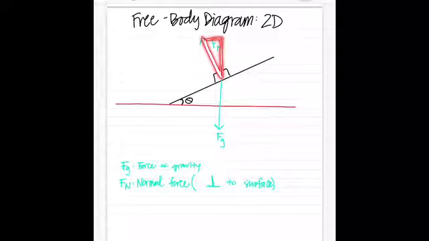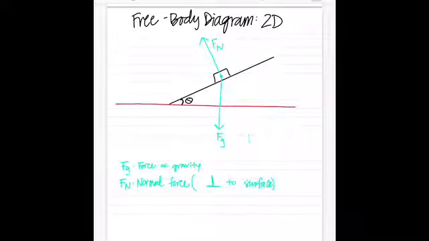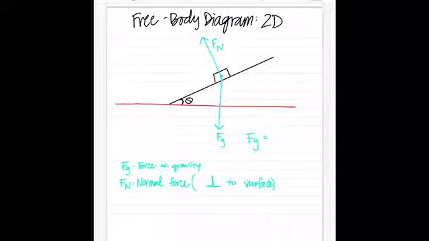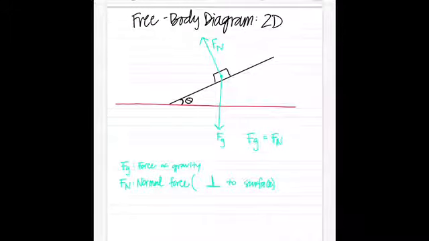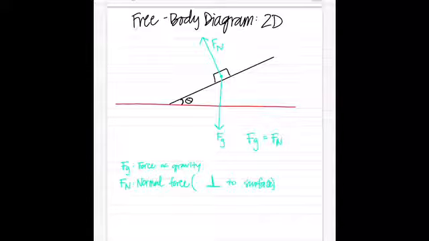It's at an angle, so I have to find these x and y values. We discussed in the past that gravitational force is equal to normal force, equal but opposite, Newton's third law of motion.